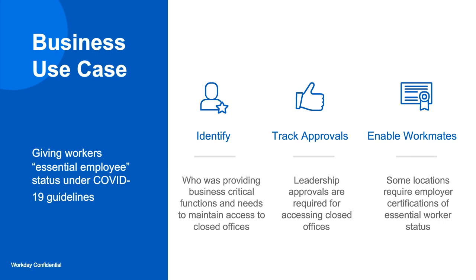We also wanted to track approvals to make sure that workmates who were accessing the buildings had leadership support for the activities that they were completing while they were there. And then also in some locations, we needed to provide workmates with a certification or a letter from Workday saying that they did have essential worker status and that it was okay for them to enter the building.